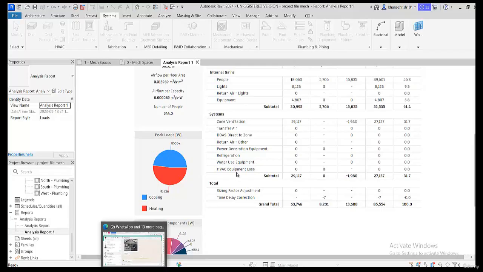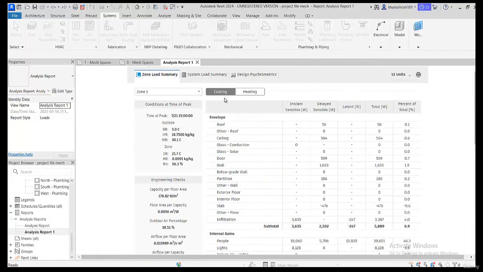Now similarly we have the heating side, so we will analyze our heating report. For the peak condition, the date is 21 January at 24 o'clock.